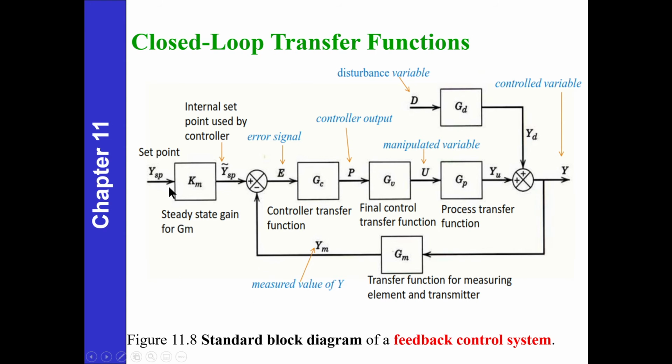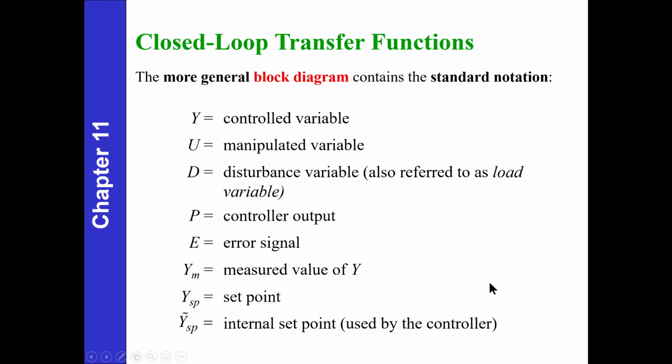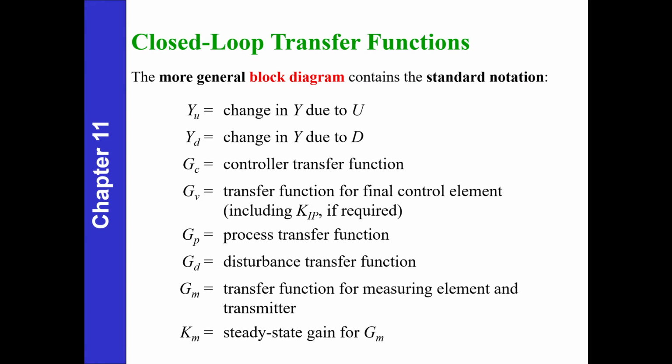P is a controller output, E is an error signal, we have a YSP which is a set point, we have YM which is a measured value of Y with a transfer function. So this is standard notation.